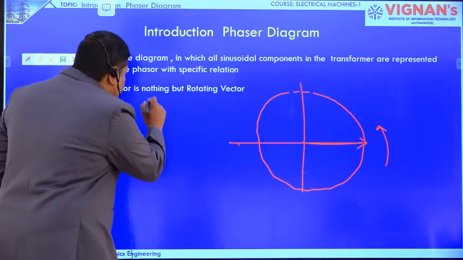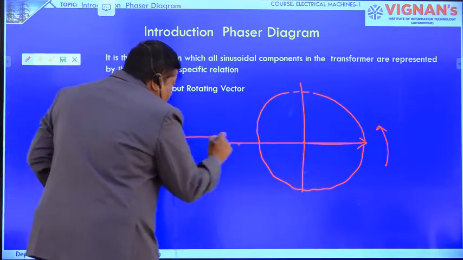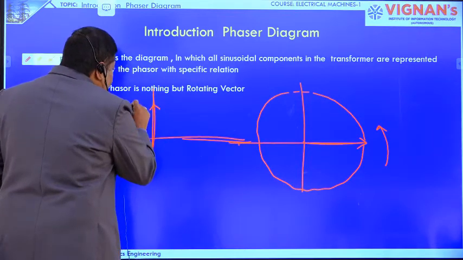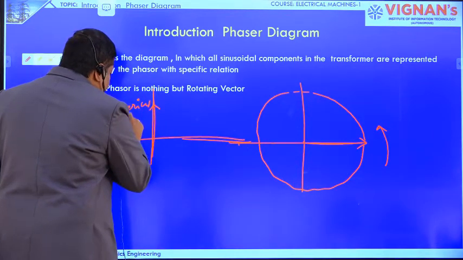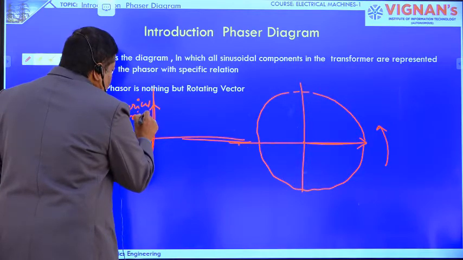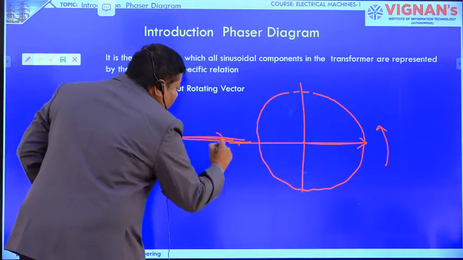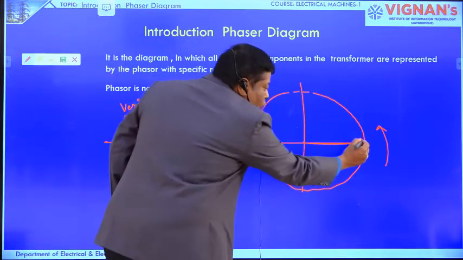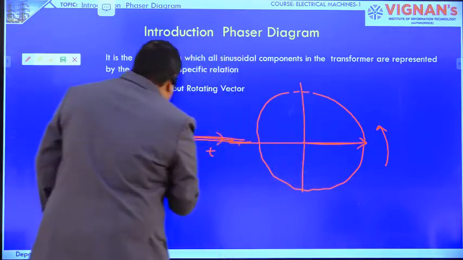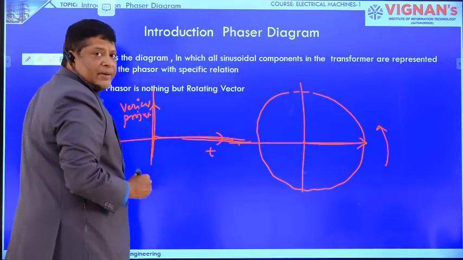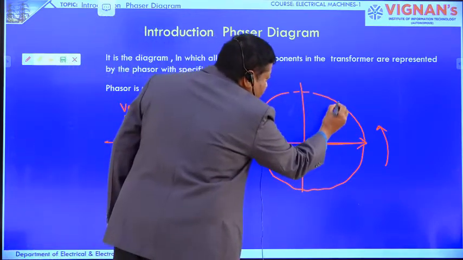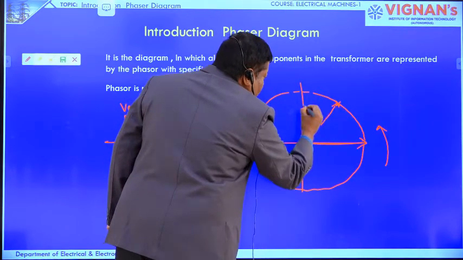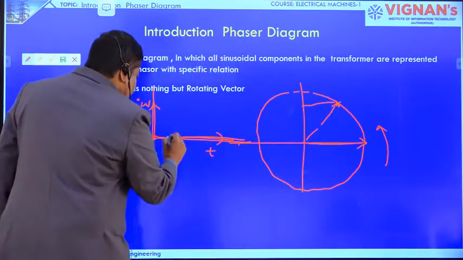That vertical projection is plotted on the y-axis, and the instantaneous value is taken along the x-axis. At this instant, the vertical projection is 0. At some later instant, the projection has some value.